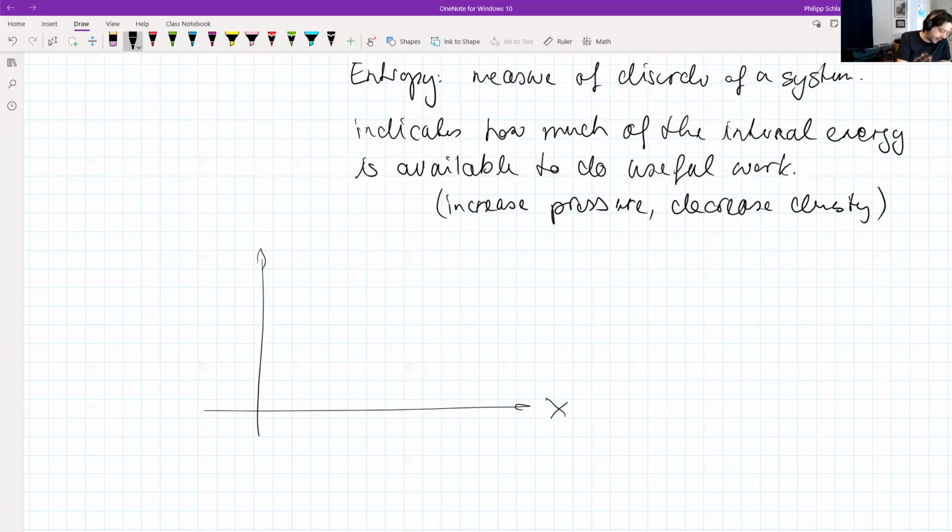Now, if I just would like to indicate what I mean with that, if I have a diagram here where I have X and I have T and I have a shock here, or just a discontinuity, and I have two regions, S1 and S2.